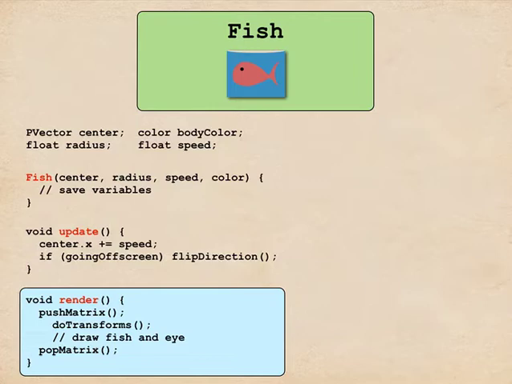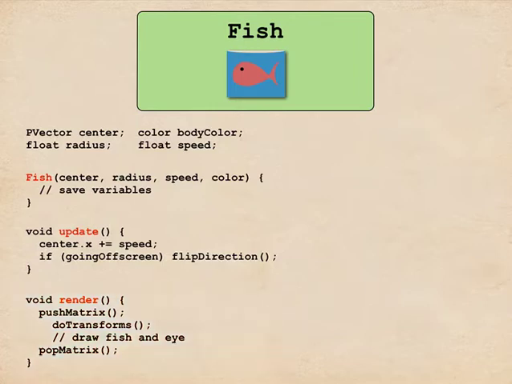As we saw in an earlier video on drawing with subclasses, I gather all those transforms together in a little routine called do transforms. Once do transforms has us in the right place at the right size, I fill with the fish's color, and then I draw a closed Catmull-Rom curve for the fish's body. Then I switch to black, and I draw a little black dot for the eye. I referred to two little routines we haven't seen yet.